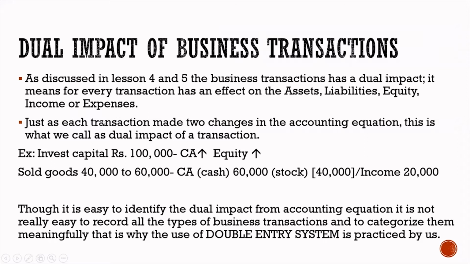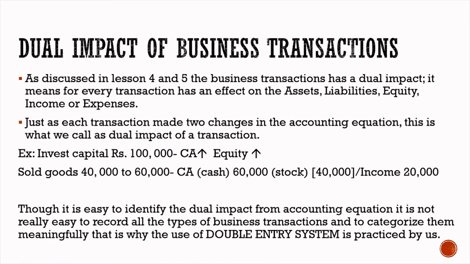Just as each transaction makes two changes in the accounting equation, when we are recording it into our ledger accounts, it will have a dual impact. For example, if it is the capital invested, our current assets will increase as well as our equity will increase. So an increase of assets will be a debit entry, an increase of equity will be a credit entry.